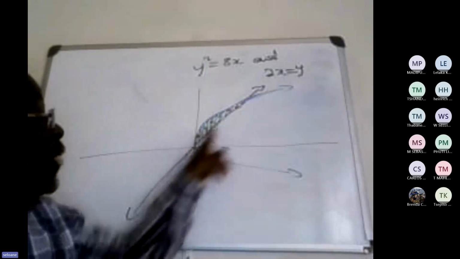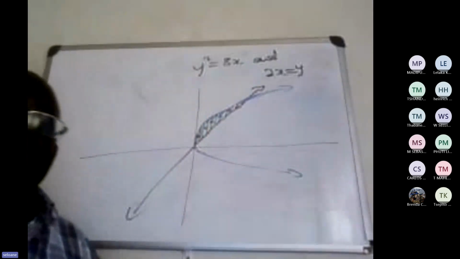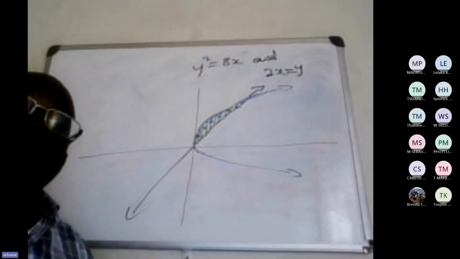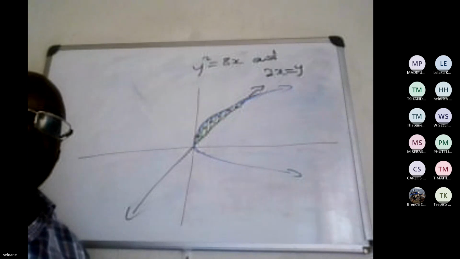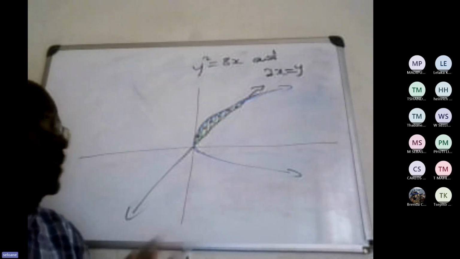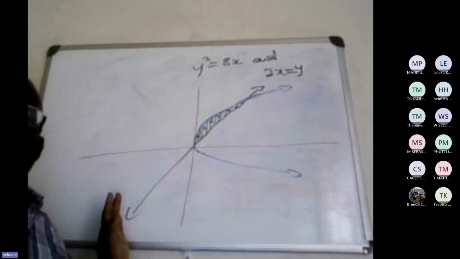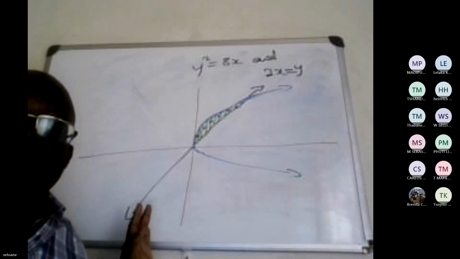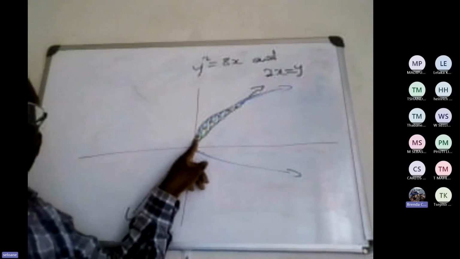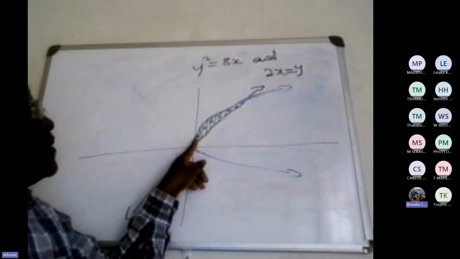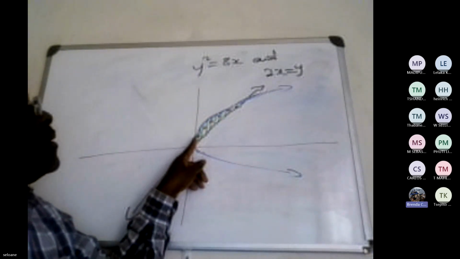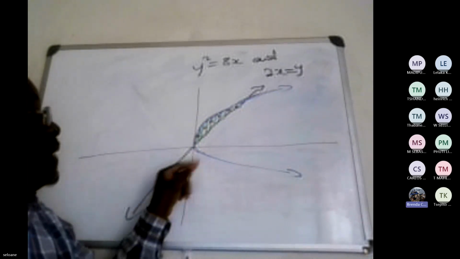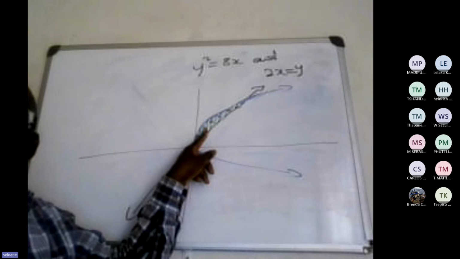You will be stopped by what? Anybody? I'm here. If I want to go up, I'm going to be stopped by y squared is equal to 8x. That's right.